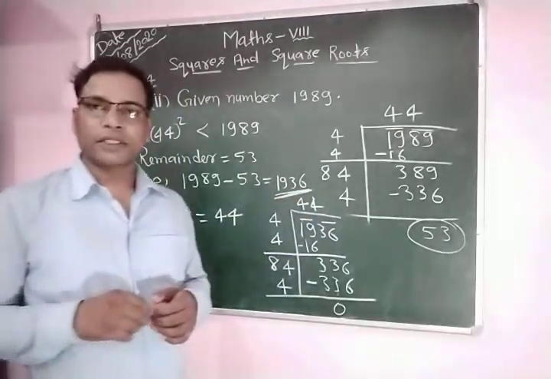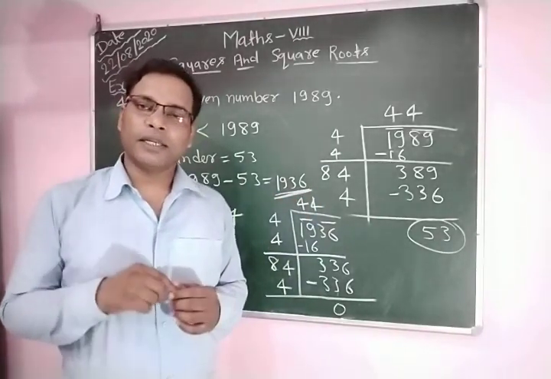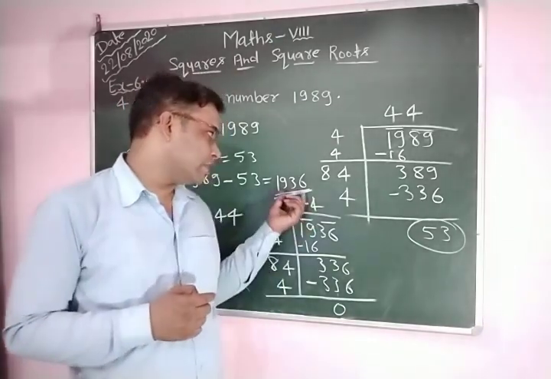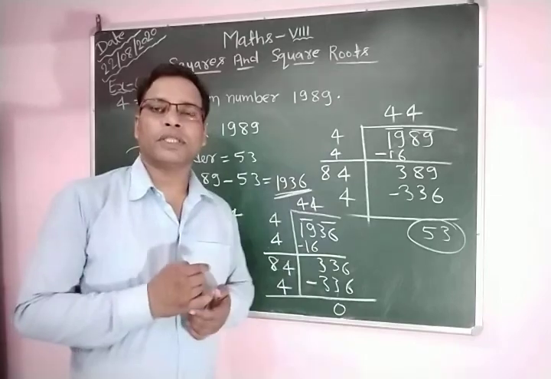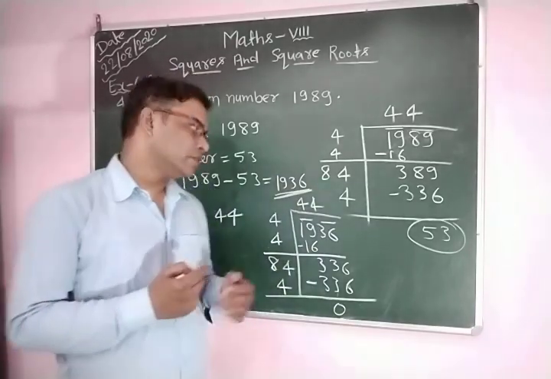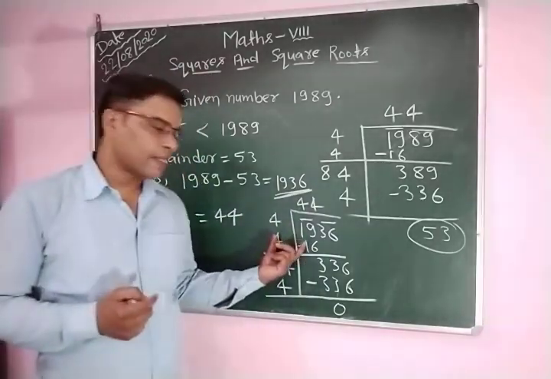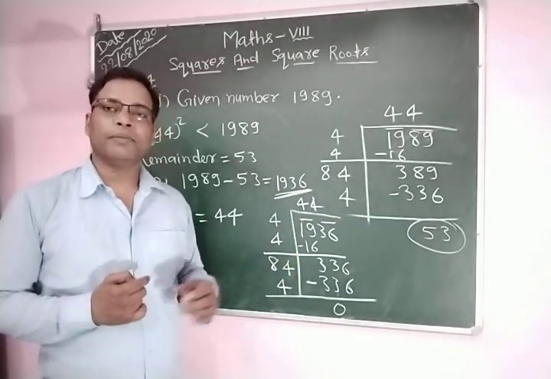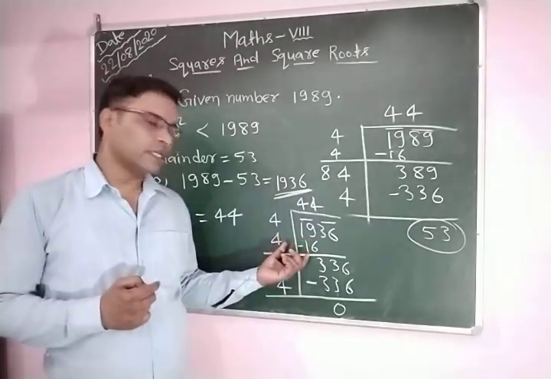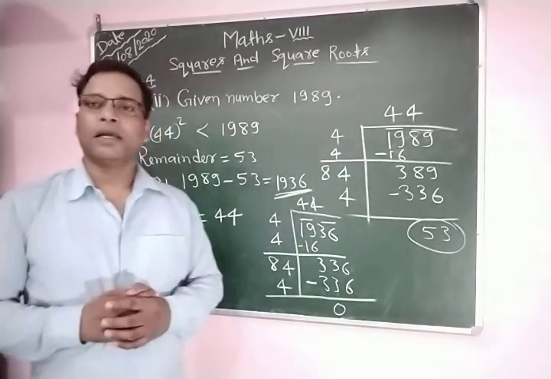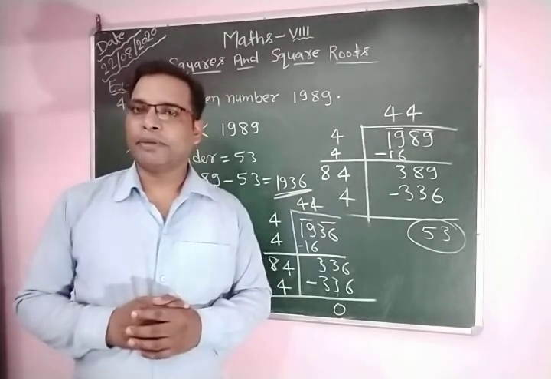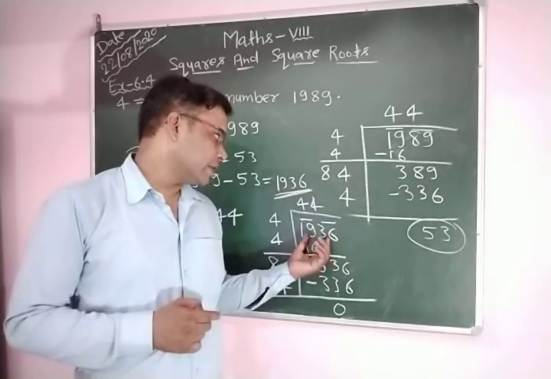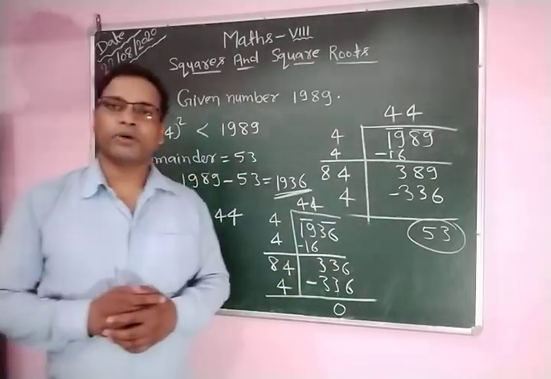The question asks us to again find the square root of the new number. So our new number is 1936. You can see here we find the square root of 1936 by the long division method. Also you can find it by the factorization method, but this is a very long process.